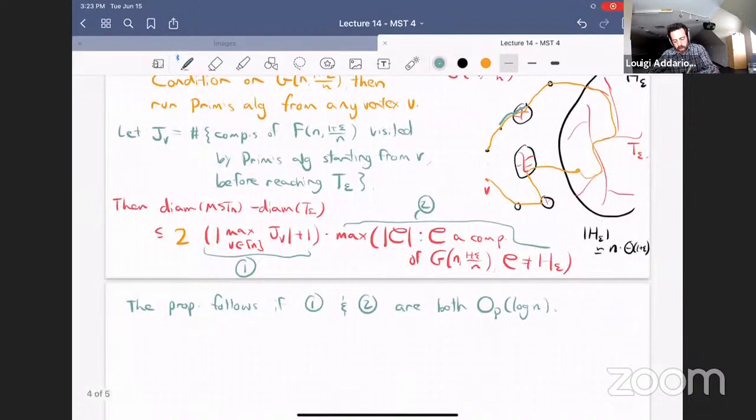Well, we've already seen one of those facts. We already saw that the largest non-giant component is order log n in probability.